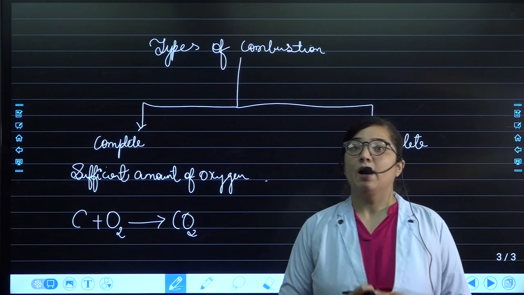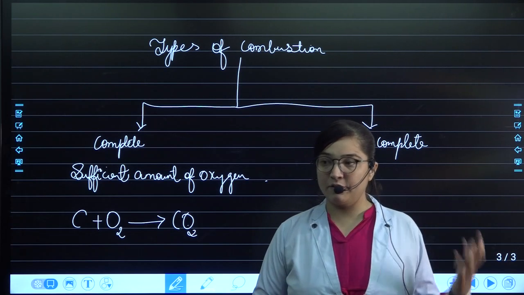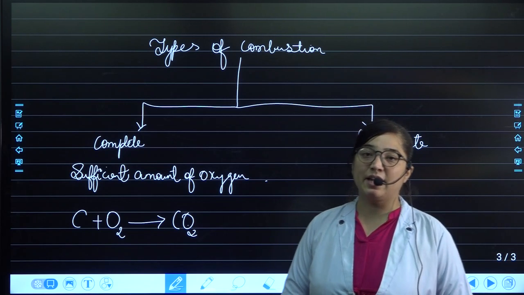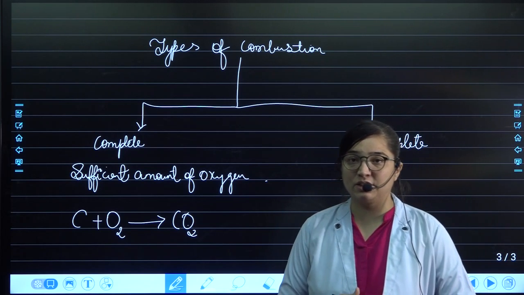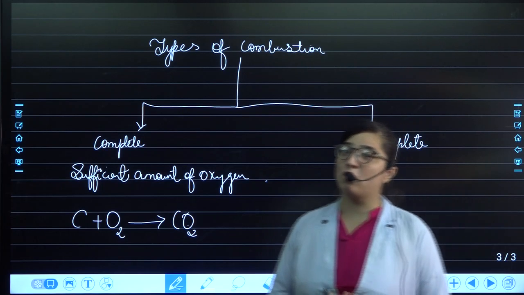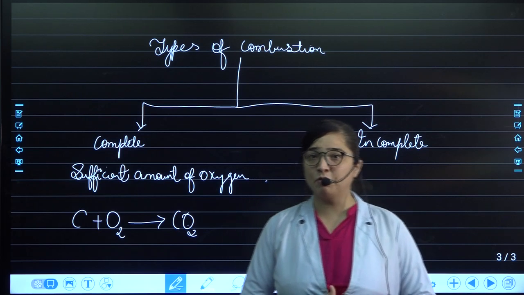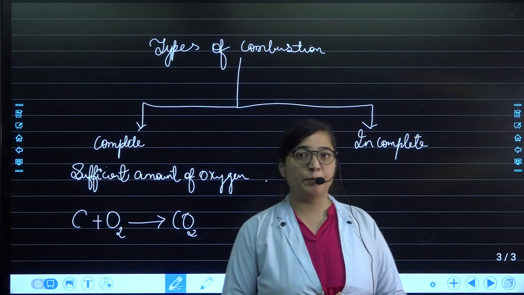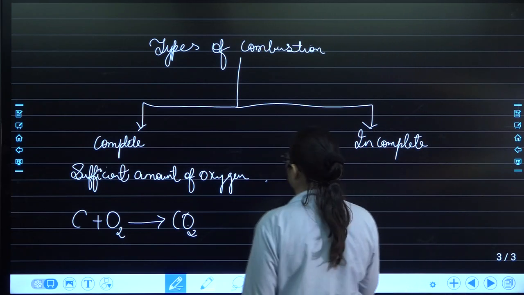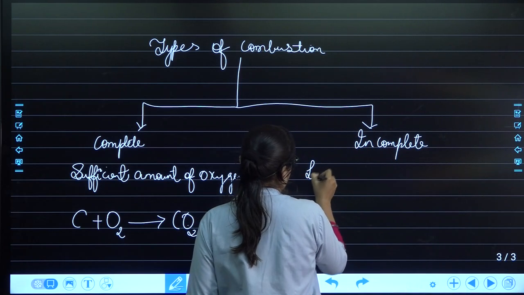Try to recall that in the lesson on coal and petroleum, we discussed not to sit near the Agni in a closed room. Why? Because if the supply of oxygen is limited, then harmful gases like carbon monoxide will be produced. Incomplete combustion is because of the limited supply of oxygen.